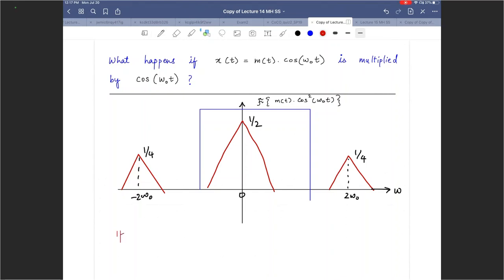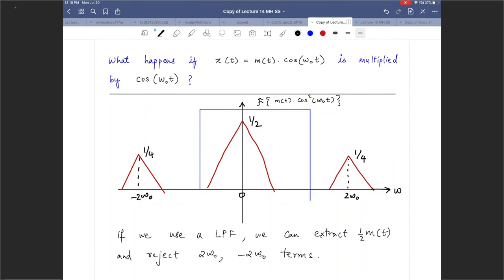So if we use a low-pass filter, we can extract m of t, at least half of m of t, and reject 2 omega naught and -2 omega naught terms.